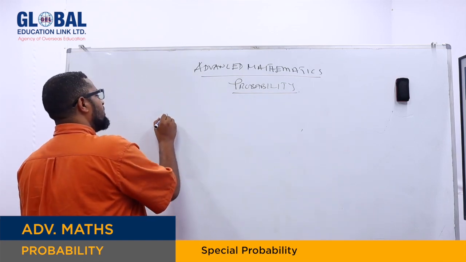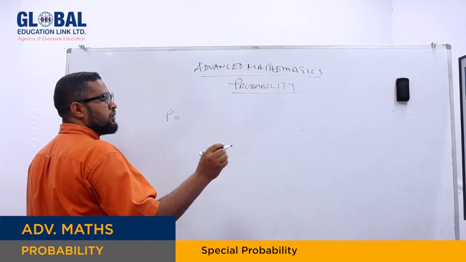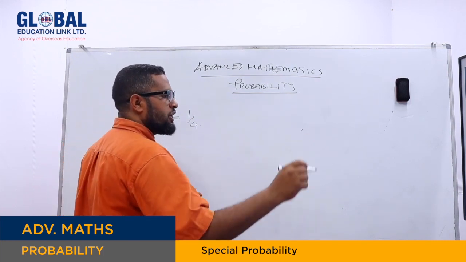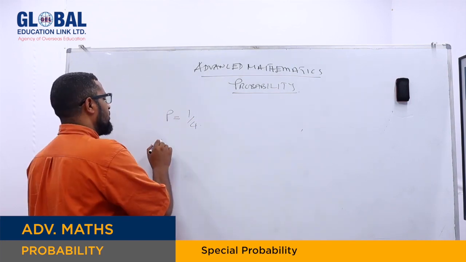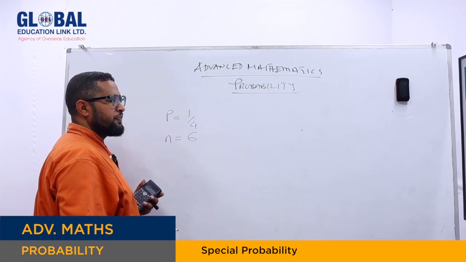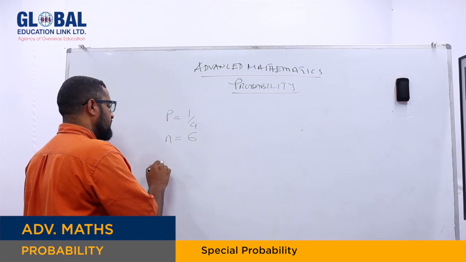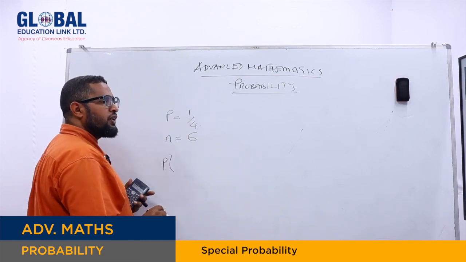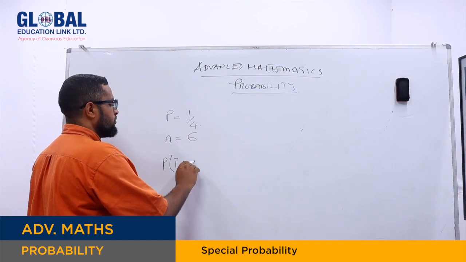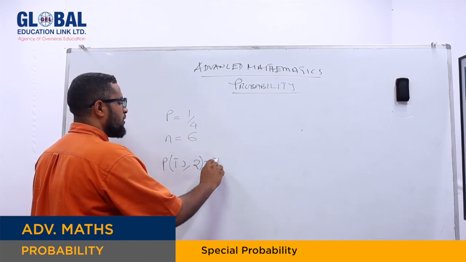So the probability of success, P, will be equal to 1 over 4. But we are given the number of trials. It was tossed 6 times. And we are asked to find the probability of getting at least 2 tails. So this is our question.